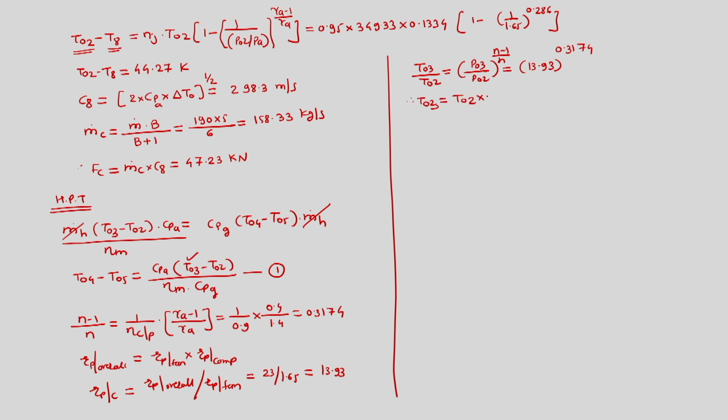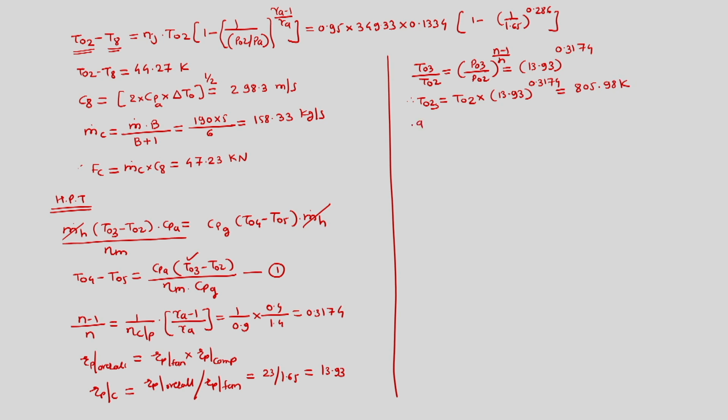So T03 is equal to T02 into 13.93 bracket raised to 0.3174. This gives us T03, which is 805.98 Kelvin.